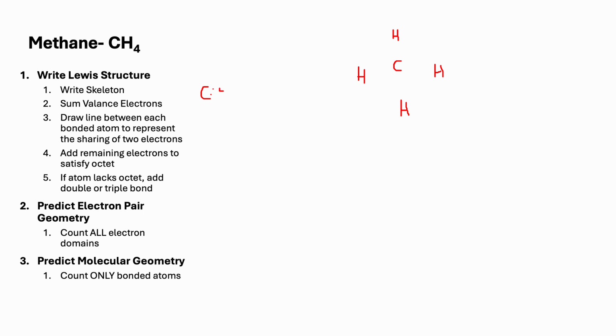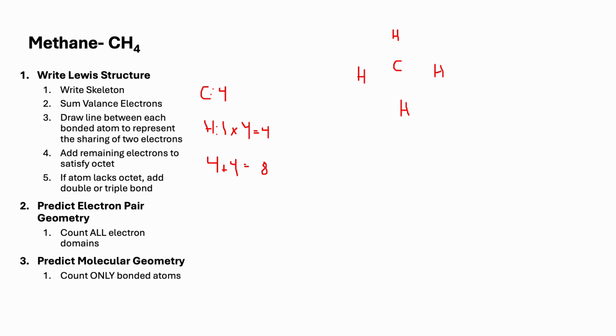So carbon has 4 valence electrons. Hydrogen has 1. We are going to multiply that 1 by 4 since there are 4 hydrogen total. And so our sum is going to be 4 valence electrons from carbon plus 4 valence electrons from all 4 of your hydrogens, and that's going to get us to 8.